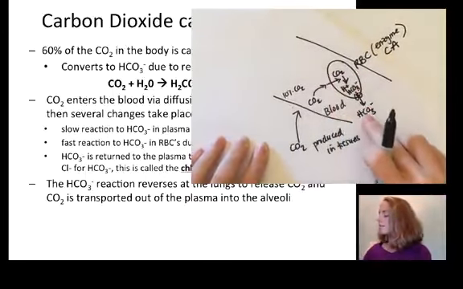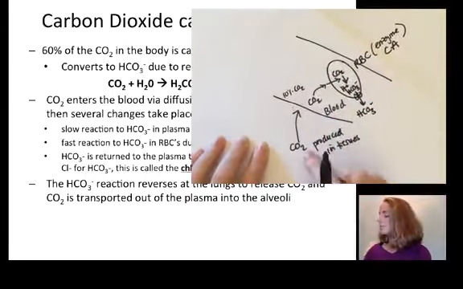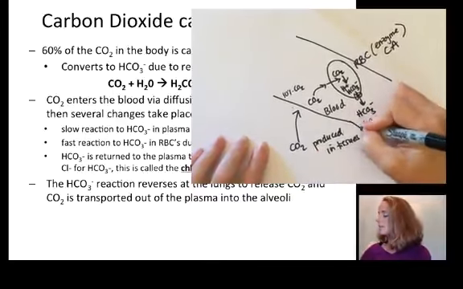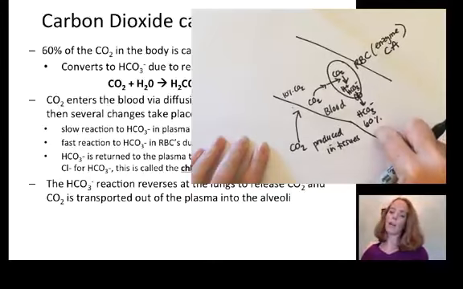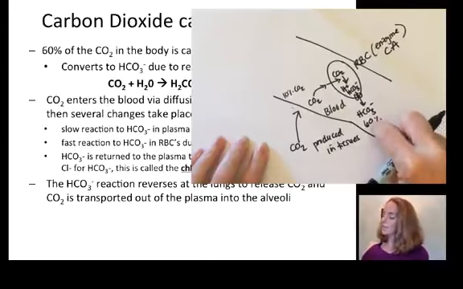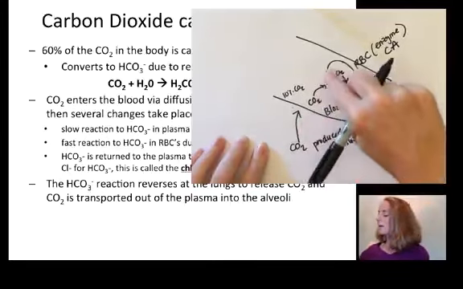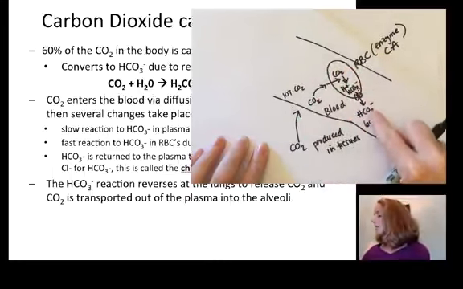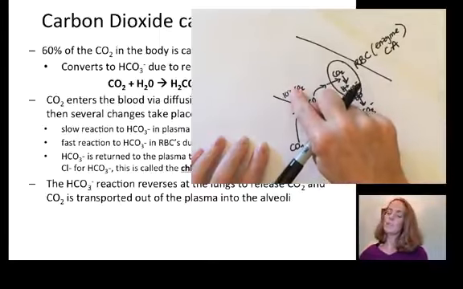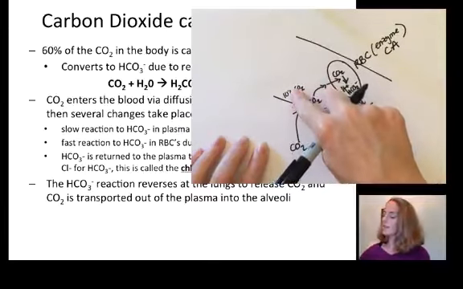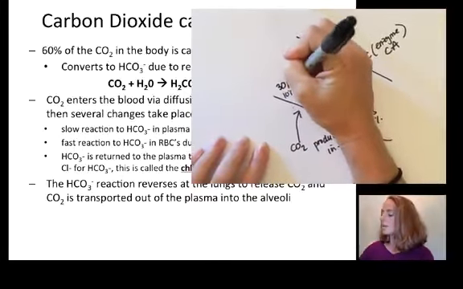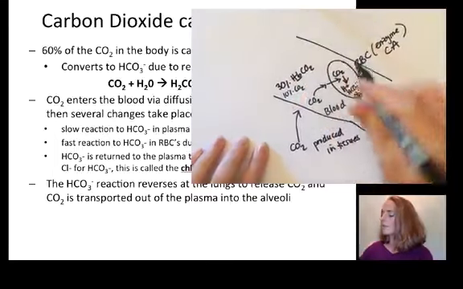So that conversion is 60% of the total CO2 produced in the tissues, which ends up being carried as bicarbonate. 10% will be straight carbon dioxide dissolved in the plasma, and then 30% will be bound to hemoglobin.